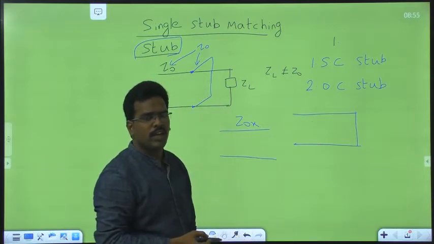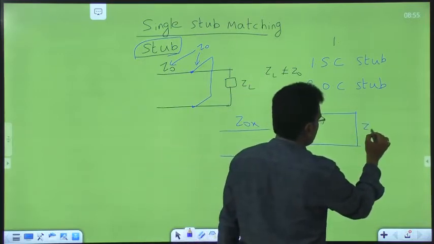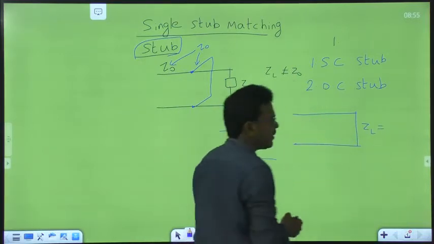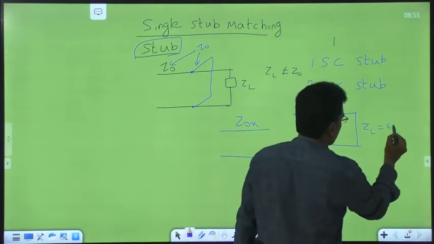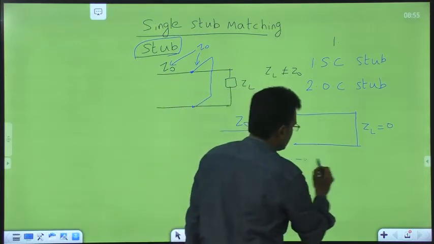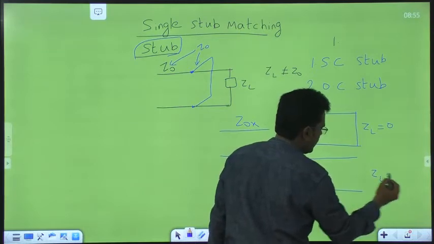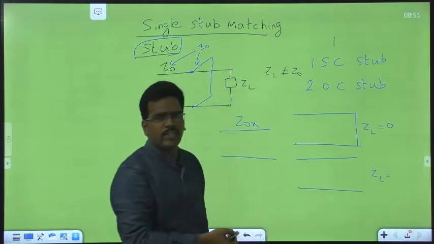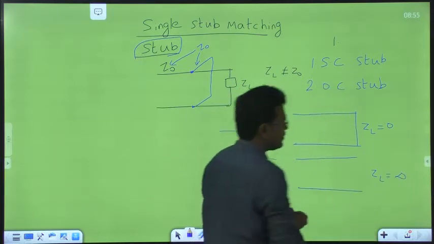It is called a short circuited stub. What is the impedance of this short circuited stub? Since it is short circuited, it has zero impedance. This is an example of an open circuited stub. Since the output is open circuited, it has infinite impedance.